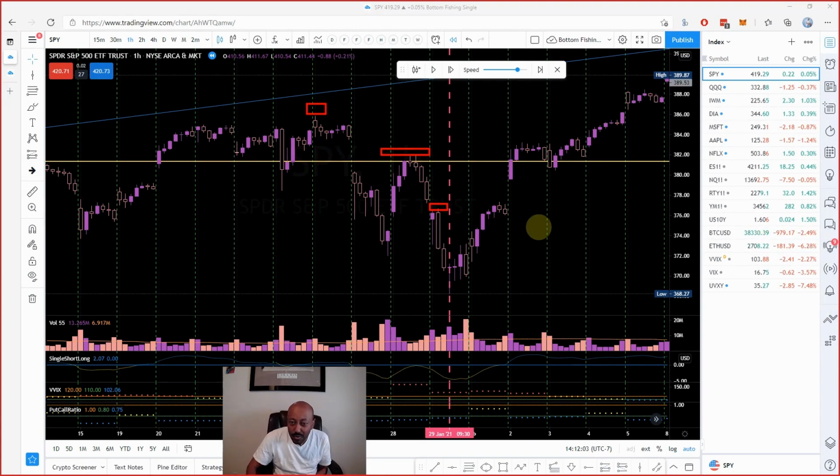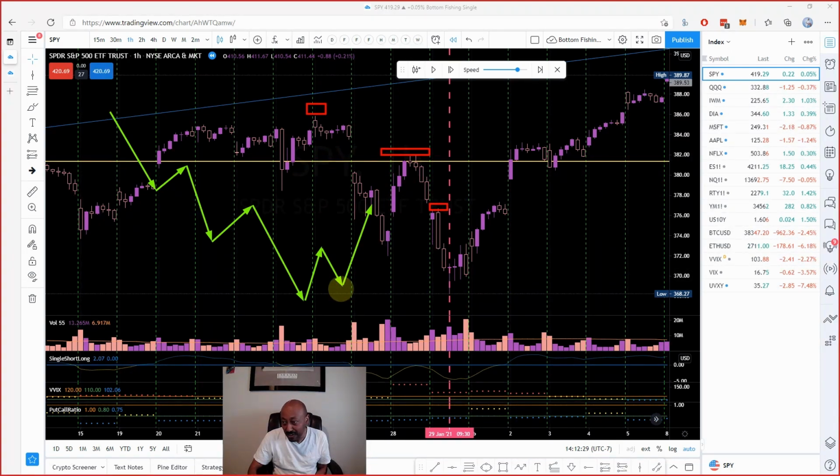If we were to draw just a simple break of structure, price makes a series of lower lows and a series of lower highs. Your first sign of break of structure is when you make a new higher low.